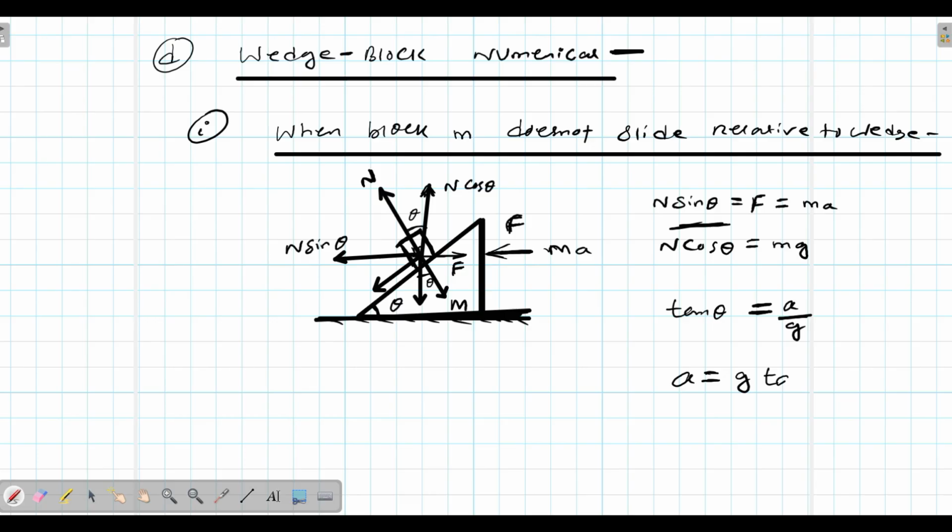That is the acceleration. When the block does not slide relative to the wedge, a equals g tan theta.